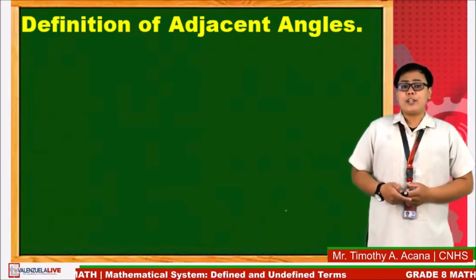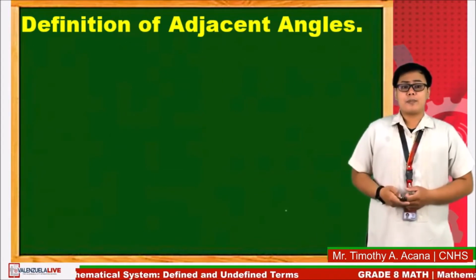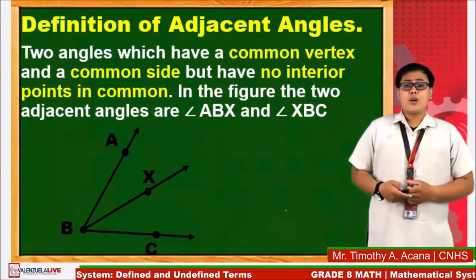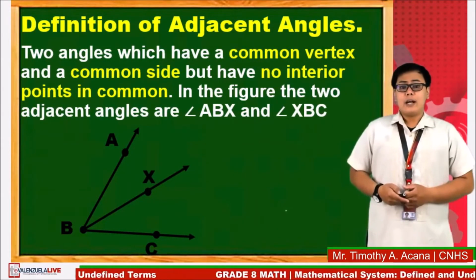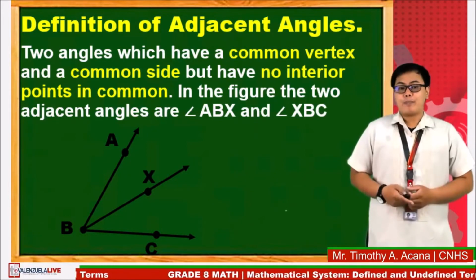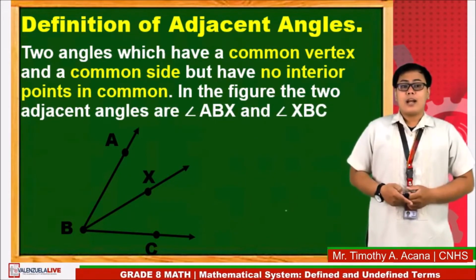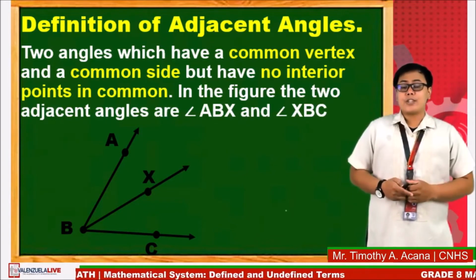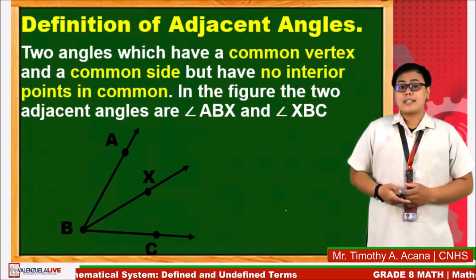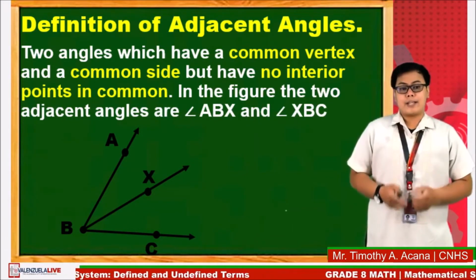Next is the definition of adjacent angles. Two angles which have a common vertex and a common side, but have no interior points in common, as shown in the figure. The two adjacent angles are angle ABX and angle XBC.